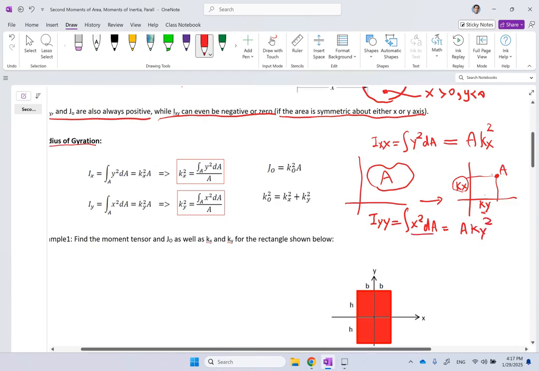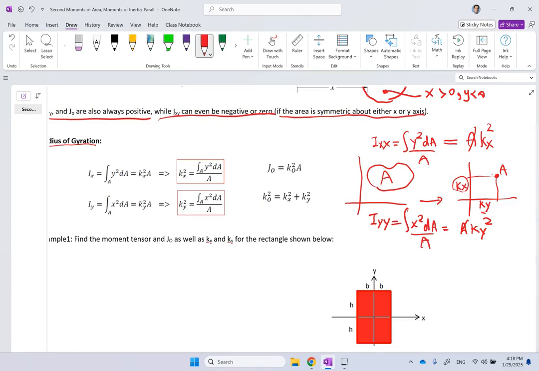So if you divide both sides by A and take a square root, then you have these radius of gyration definitions. So kx is the square root of Ixx over A, and similarly ky is the square root of Iyy over A. Okay, so these distances, we call them radius of gyration.